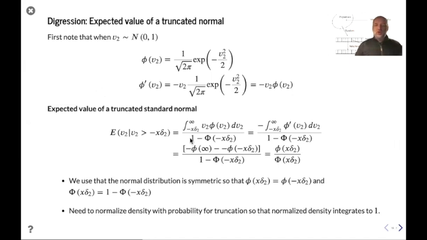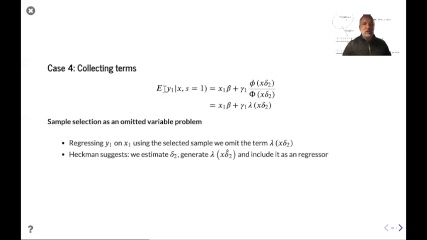If you're kind of zoning out now, what we got is that this conditional mean of the truncated standard normal is just equal to the PDF of the standard normal divided by the CDF of that, evaluated at x delta 2, and that is what we call the inverse Mills ratio of that expression.